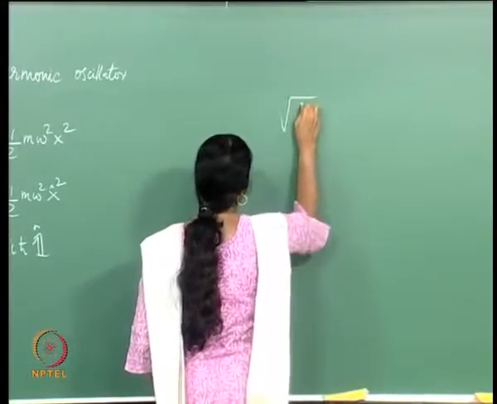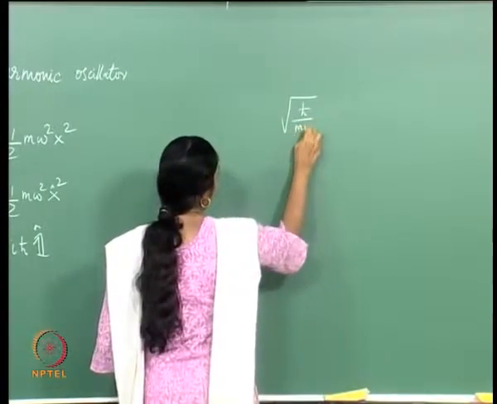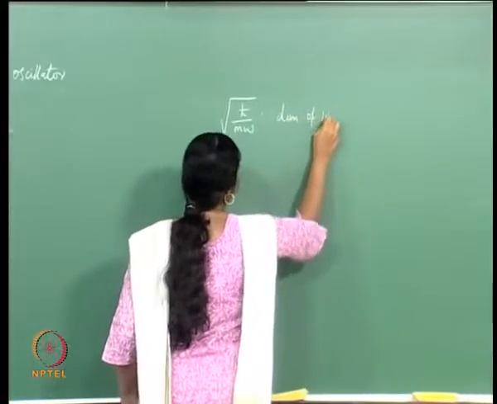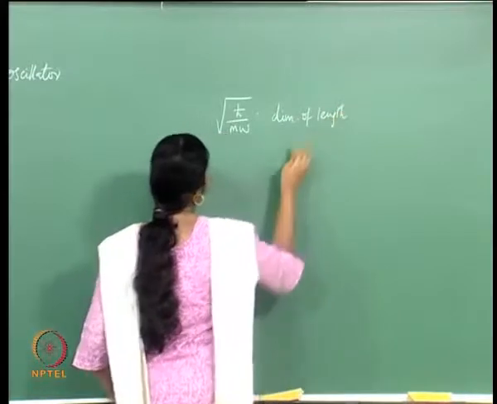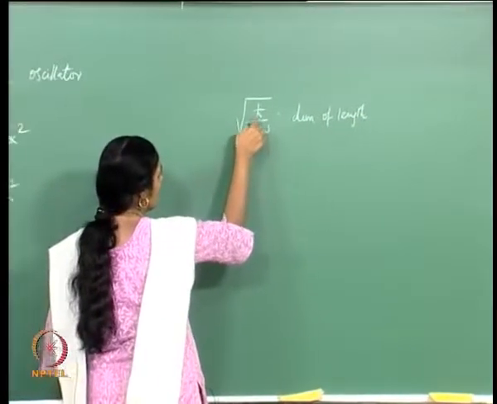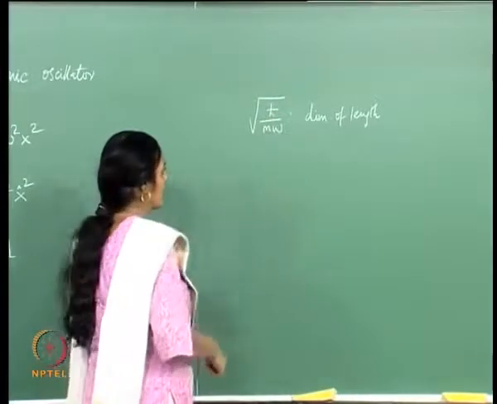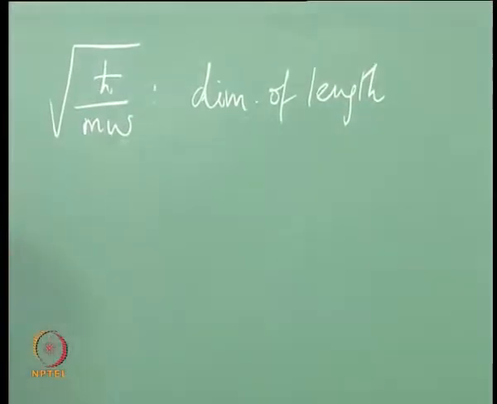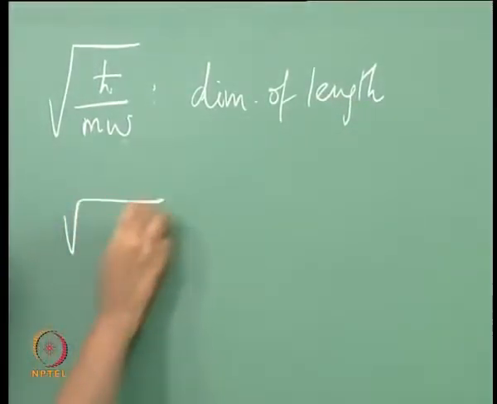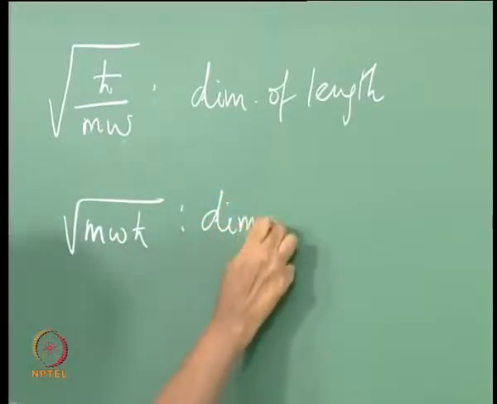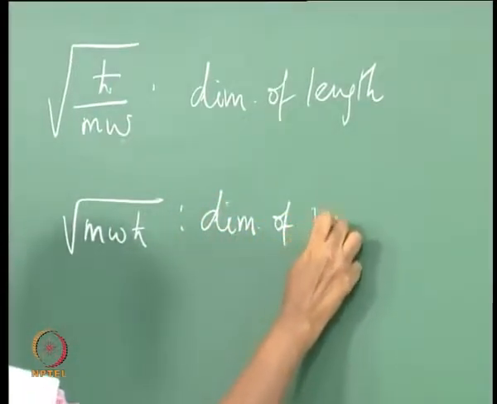The object root of h cross by m omega has dimensions of length, since omega is frequency, m is mass, and h cross is action, which is energy times second, and therefore this combination has dimensions of length. Root of m omega h cross has dimensions of momentum.